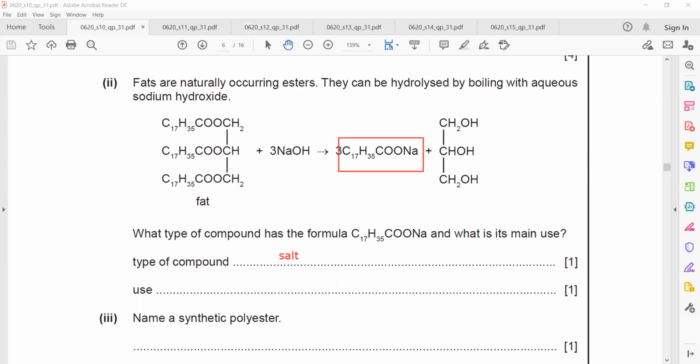For cleaning, or as a detergent. You can mention soap for washing hands as well.